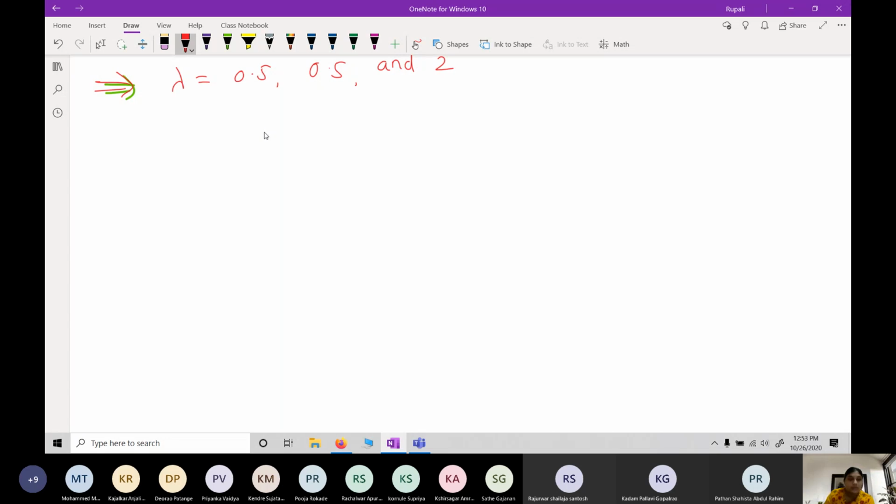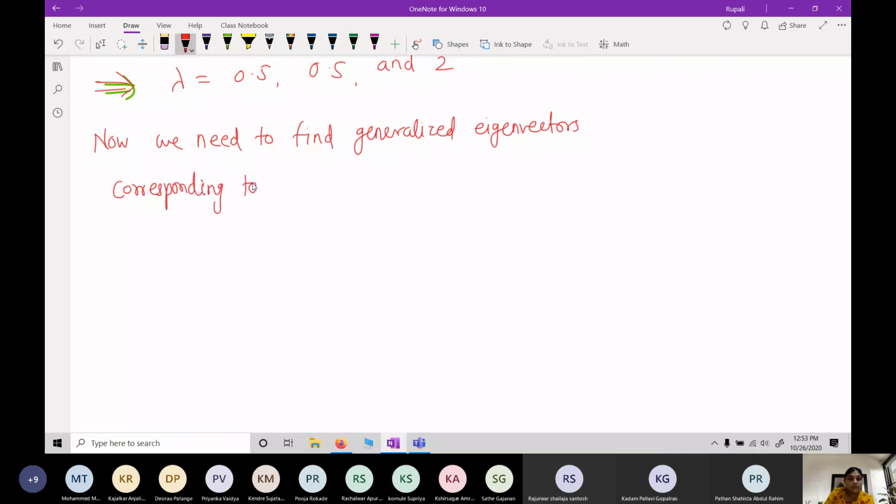We need to find generalized eigenvectors corresponding to lambda for which modulus of lambda is strictly less than 1.